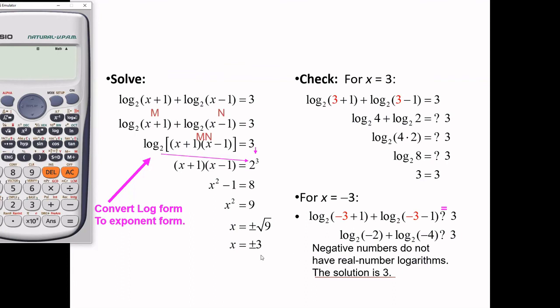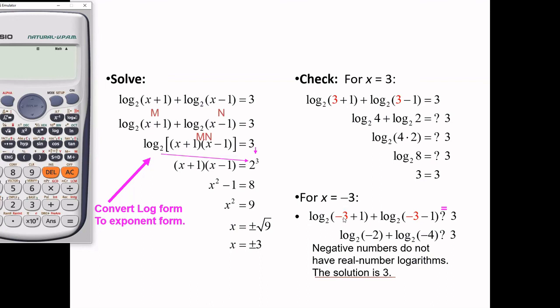Now, there's a kicker on this problem. There's something important on this problem. If we put +3 in this and check it, it comes out true. But if we put -3 in this problem, then it comes out untrue.